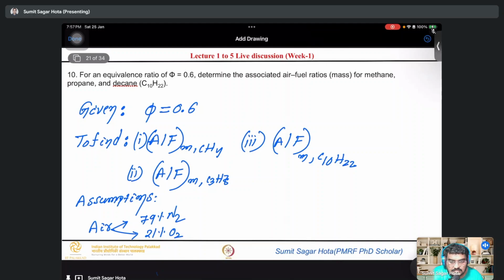Assumptions: air containing 79% N2 and 21% O2.